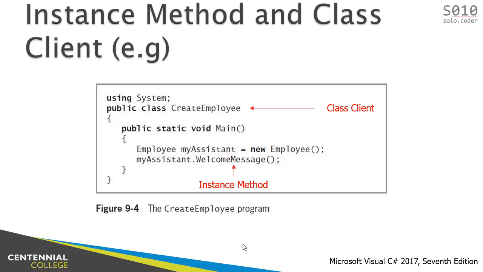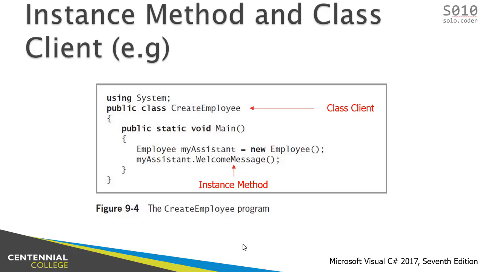A little bit more about terminology. This is yet another terminology that I don't use too much, but a class client is just a class that uses other classes. That's it. This class here called createEmployee, which is the application class, is using the class employee in one of its methods. So we call createEmployee a class client because it's a client of employee.